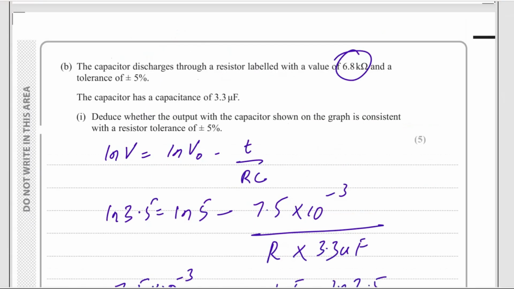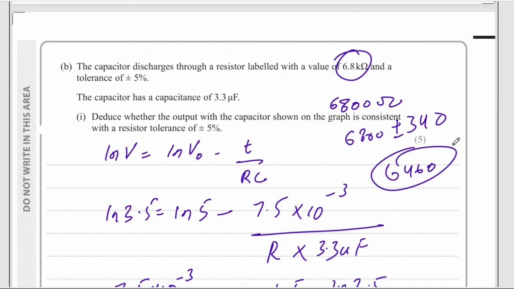ohms. What was the original resistance I was having? That was 6800 ohms, right? With a plus minus 5% accuracy, I would have 6800 plus minus 340. Well, 5% of 6800 would be 340. So the minimum value is going to be 6460.